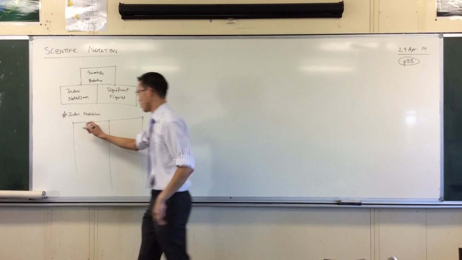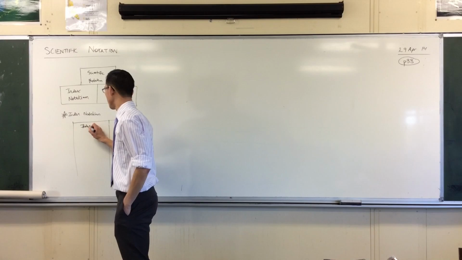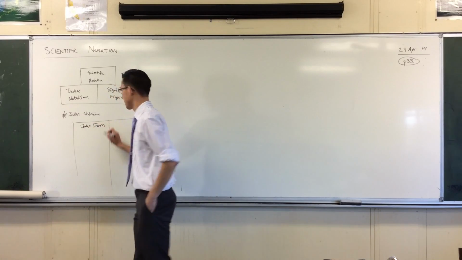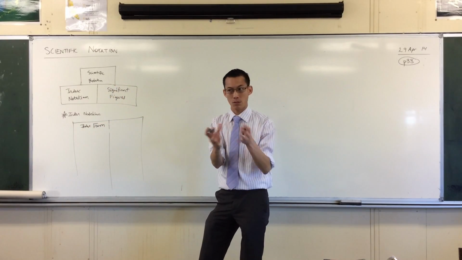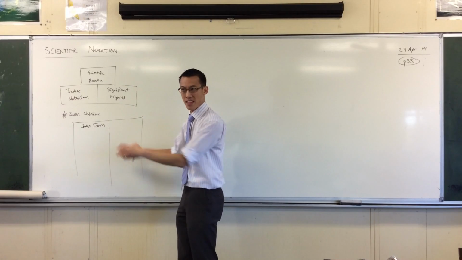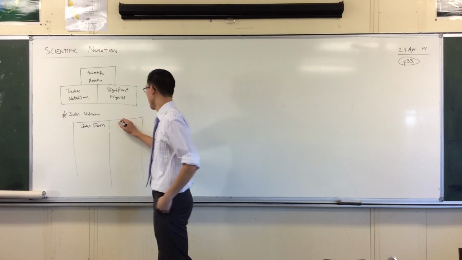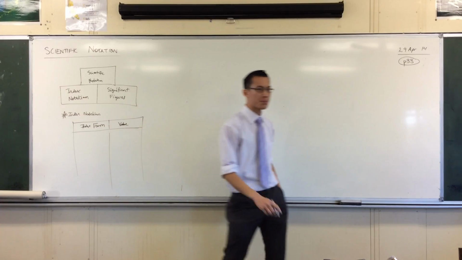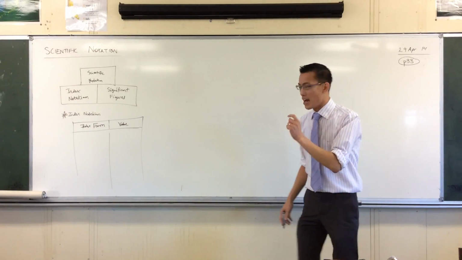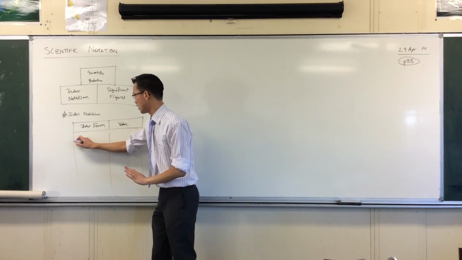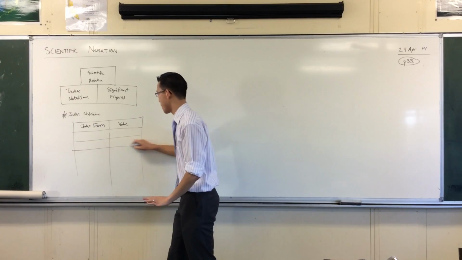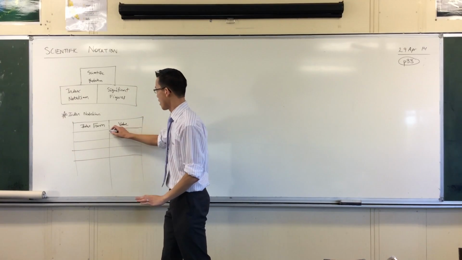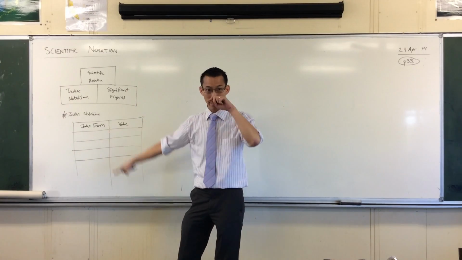We'll call the left-hand column index form. And we'll call the right-hand column value. So we're going to write some numbers in index form and then think about, well, how big are these things? Okay. So index form and value. There you go. Okay. Now, rule a few rows here for me and leave them blank. We'll come back to them in a second. Probably 3 rows that are blank would be nice.